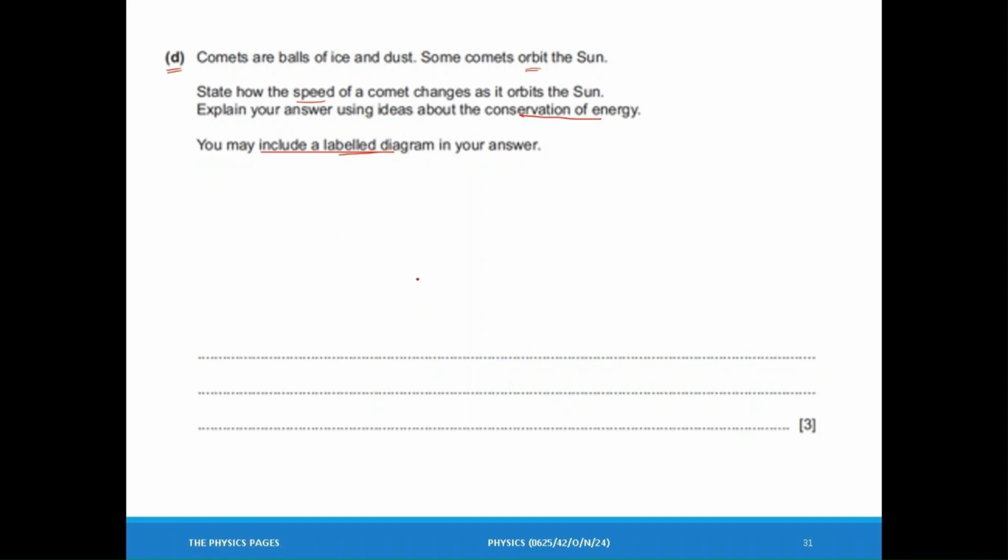Let me start with the diagram. First of all, we need to remember that if this is a Sun, comets orbit the Sun in an elliptical path. When a comet is at this point, which we name as a near point, and this one is known as a far point of a comet.